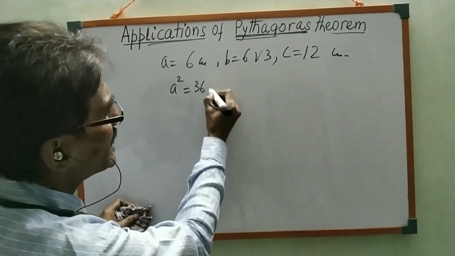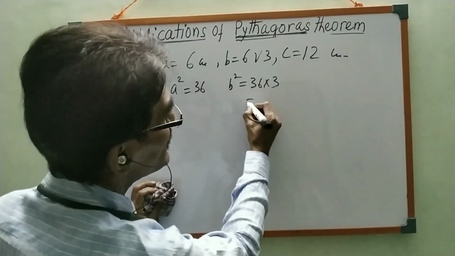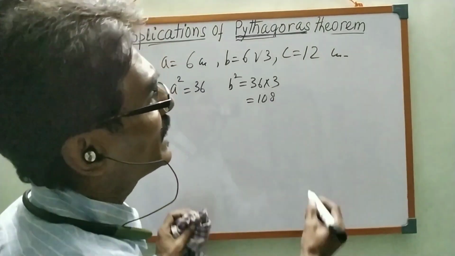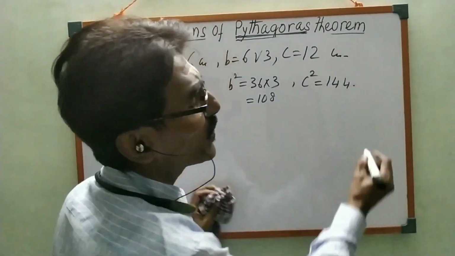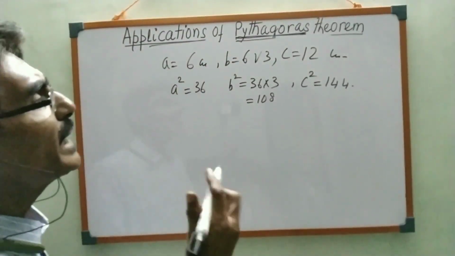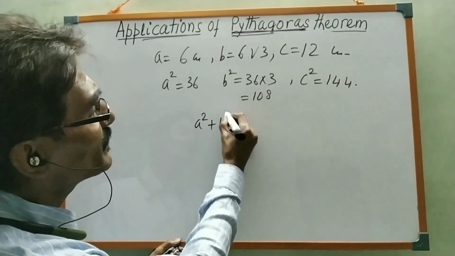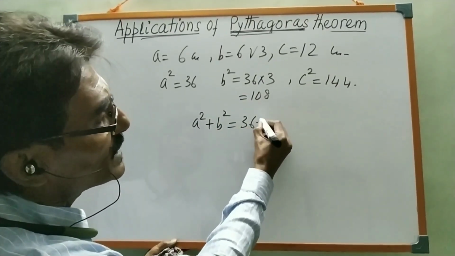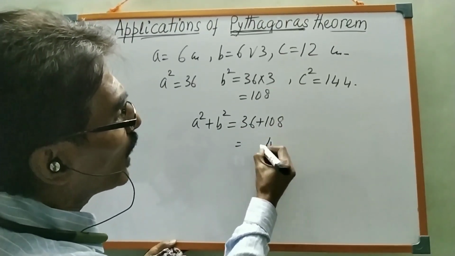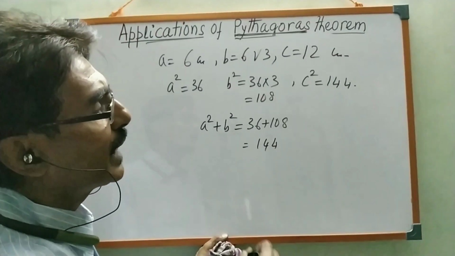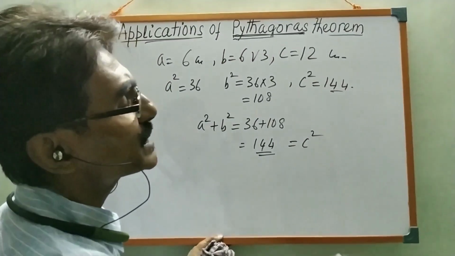A square equal to 36, B square equal to 36 into 3, that is 108 and C square equal to 12 square, 144, very common result. Again, if we add the two smaller values, A square plus B square equal to 36 plus 108, by addition it is coming 144 also, and not only that, we have 144 also equal to third square.